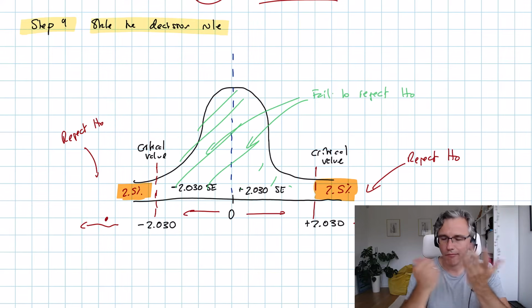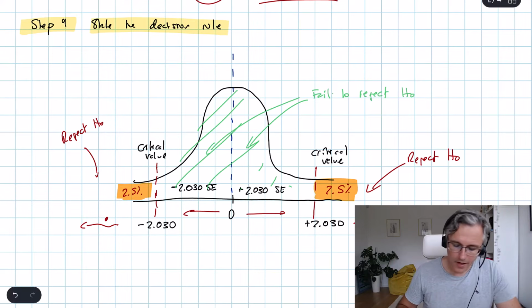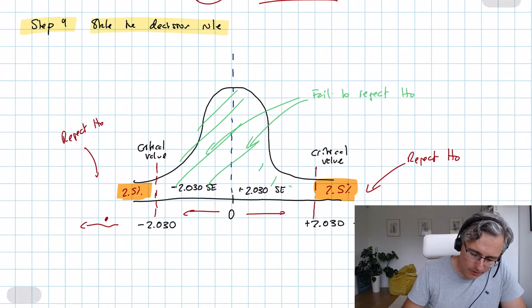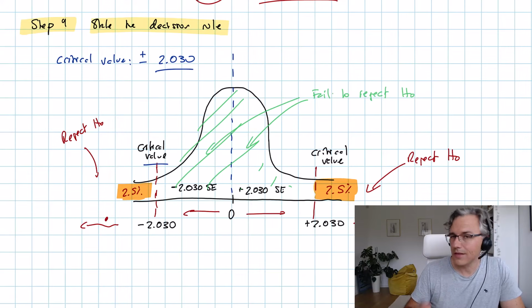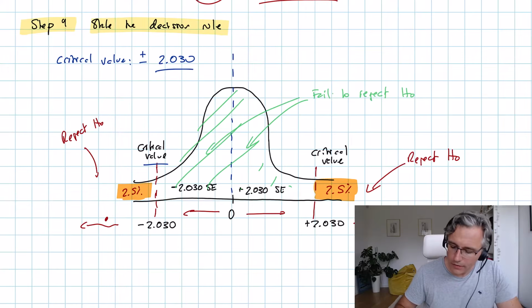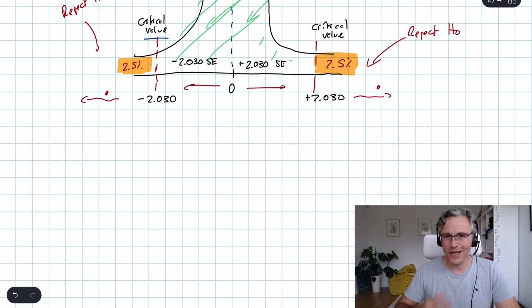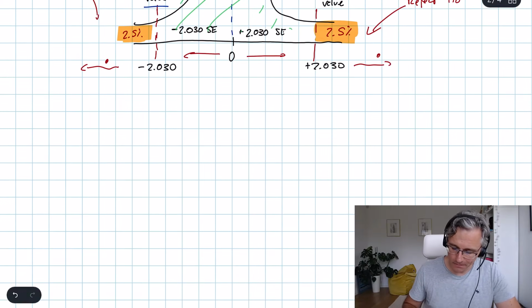All right. Statistics for you. Now, let me also write that the critical value that we calculated is plus or minus 2.030, and this comes from the statistical table, right? There's no way you can know this from anywhere else than statistical tables.